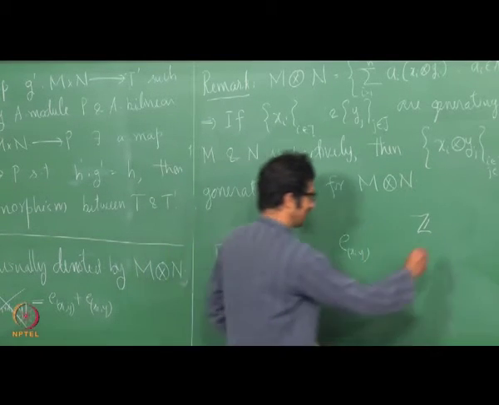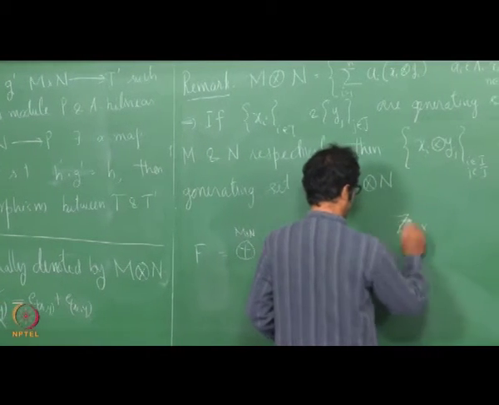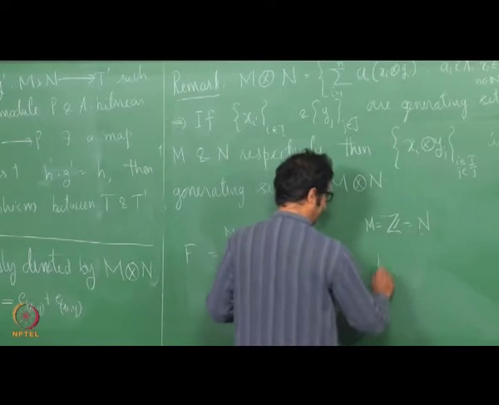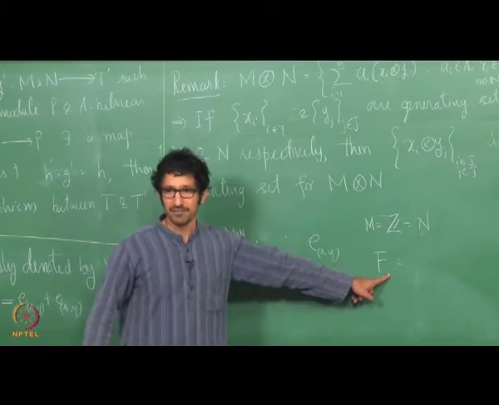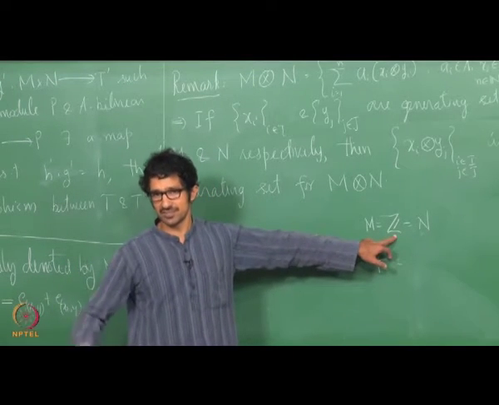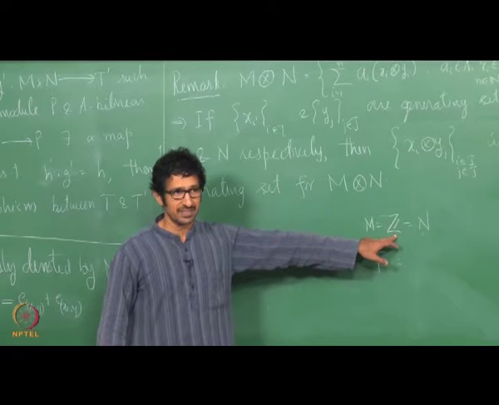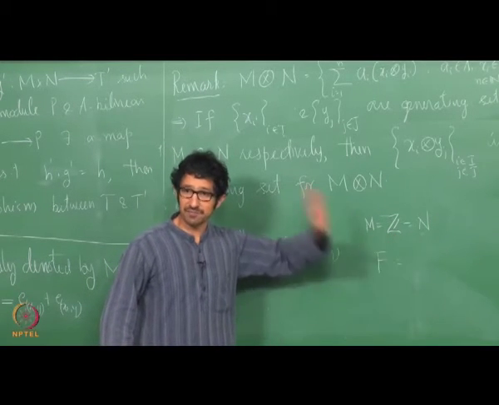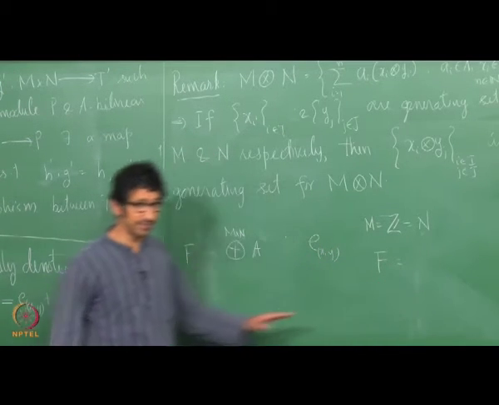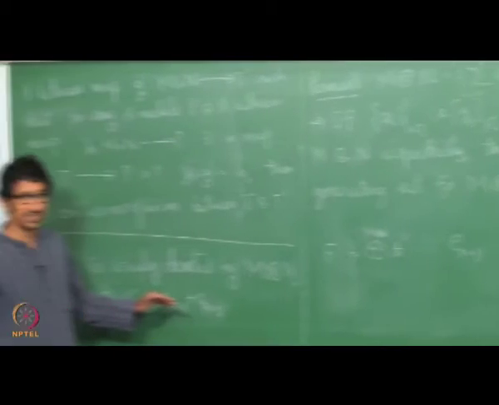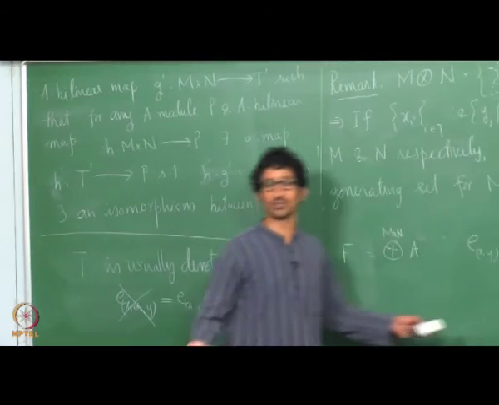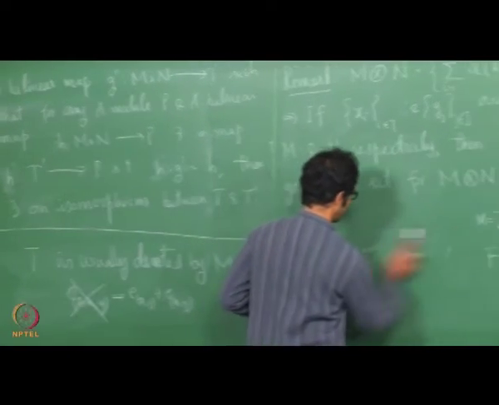If M equals N equals Z, then the free module F will have as many generators as elements in Z cross Z. So this is a huge module, but when we take the quotient, in nice situations the tensor product also becomes nice.